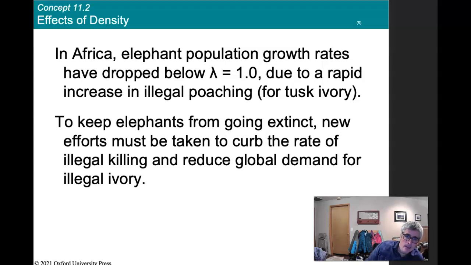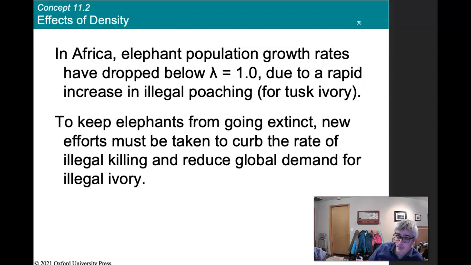And in Africa, this is an example of growth rates that have dropped below a lambda of 1 due to illegal poaching. And here they're using poaching as an example that's independent of density, which can be true, meaning that it doesn't matter if there's a big herd or a little herd, you're still going to get poached.